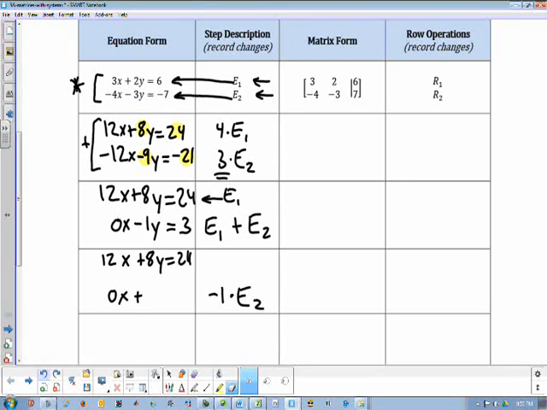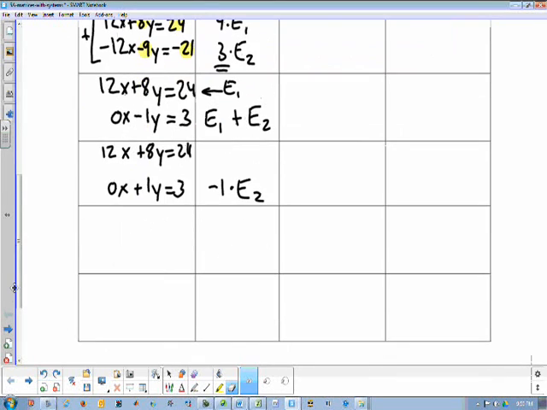And now we have a plus 1y equals 3. Well, that's great. We figured out what y is. Okay? We want to figure out what x is. Now, to do that, we could plug this back in. We know this tells us that y is 3. We could substitute this. That's an option.